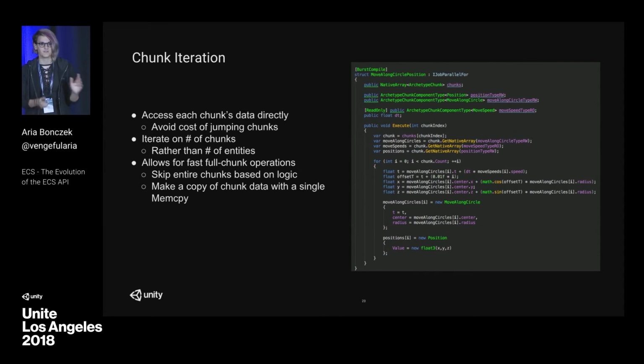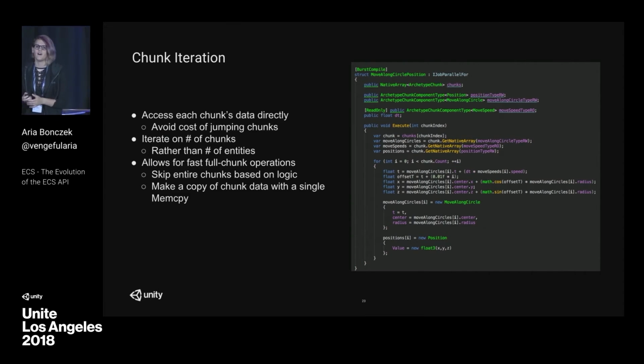We avoid the cost of jumping between chunks because essentially you're going from chunk to chunk and just asking, hey, give me your pointer to your array, and I'm just going to index it, with no strings attached. I mean, you can't index it out of bounds, of course, but that's just naturally how arrays work.